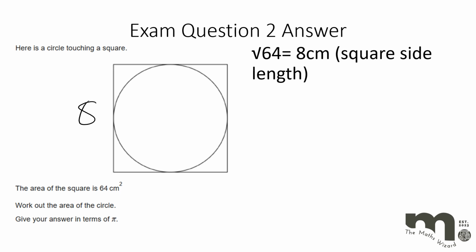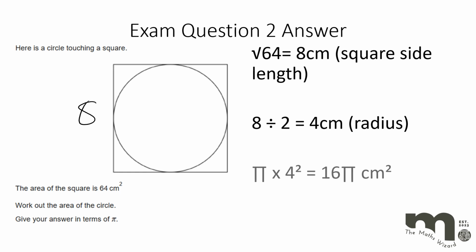If we half that, that will tell us the radius of the circle, which we do need to know for area. Then we've just got to do pi times 4 squared, which in terms of pi is 16 pi. Remember, 4 squared is 16, so it will be 16 pi centimeters squared for that one.